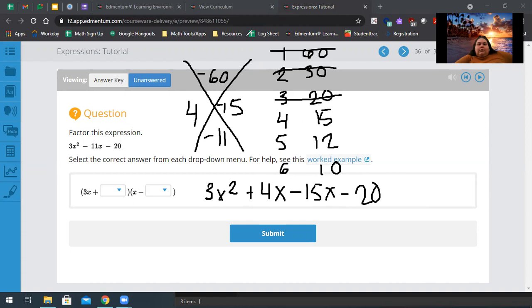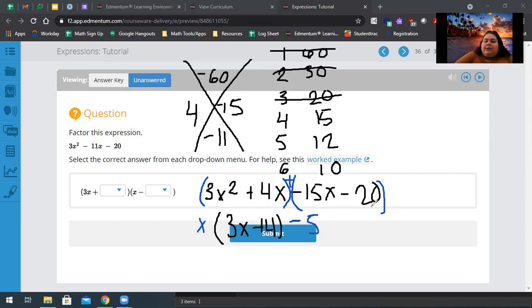So what we're going to go ahead and do, we're going to group them. So here I have this first set. There's a little plus sign in between. So I can't factor out anything from 3 and 4. The only thing I can factor out is an x. So I'm going to factor out x, and let's see what we're left with. We have 3x plus 4. And then here I see two negatives, so that's a negative there. 15 and 20 are both divisible by 5. So let's just say negative 5.